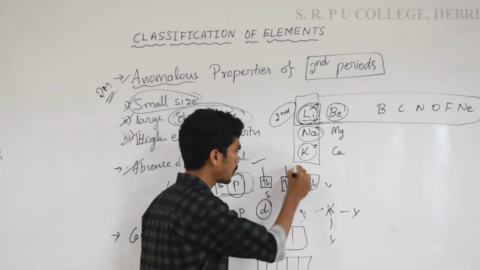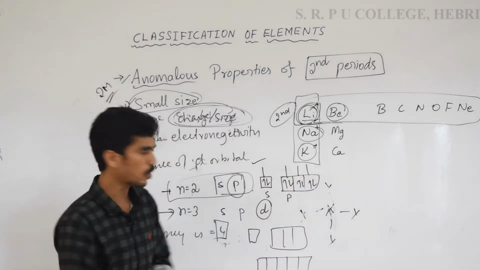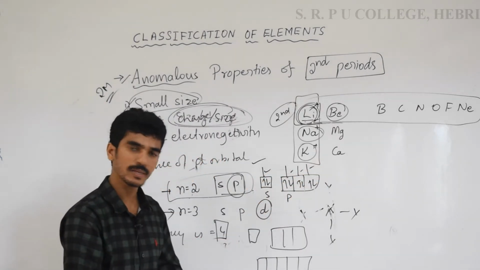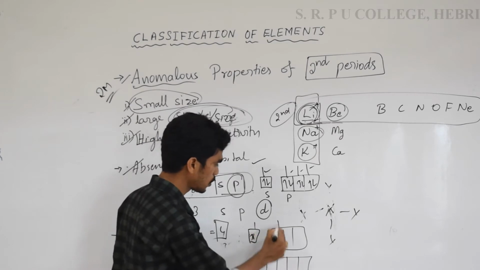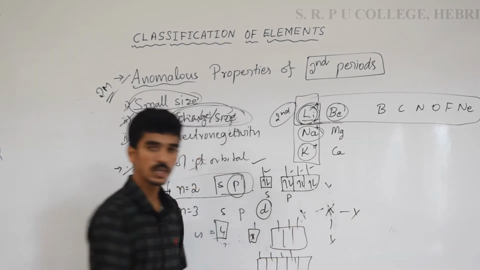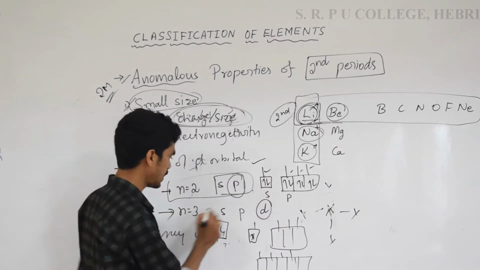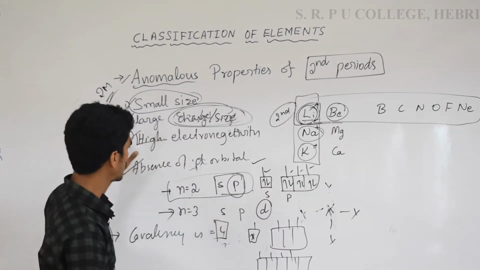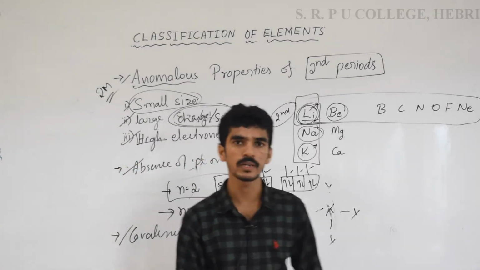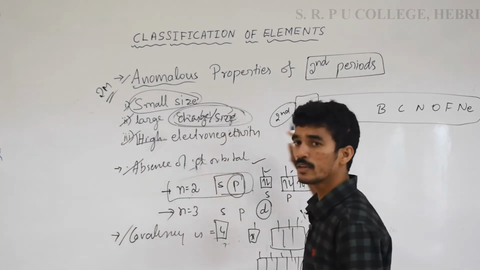Here 1 bond, 1 bond, 1 bond, 1 bond, total 4 bonds. But since the d orbital is present, we can go for the d also, because 3s, 3p and 3d are present. So this is the fifth point regarding the anomalous property of second period elements.